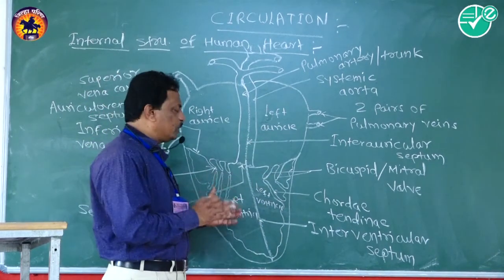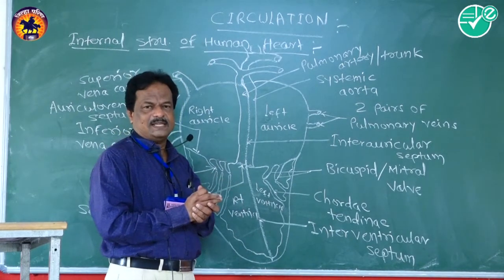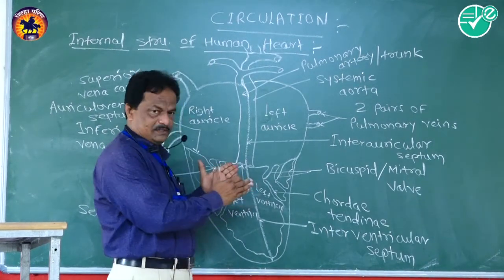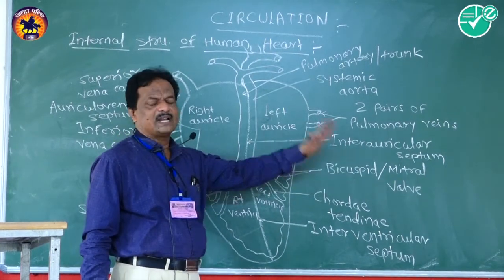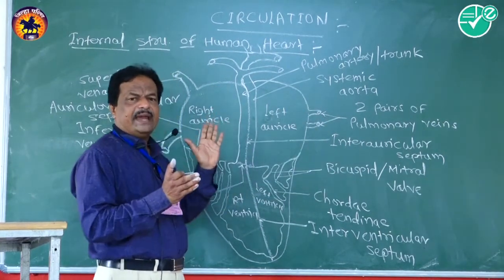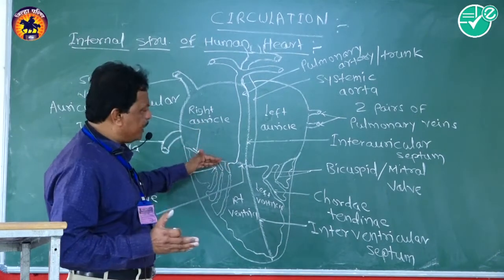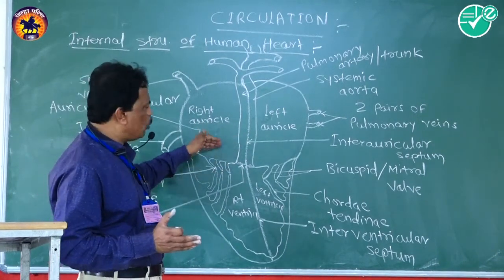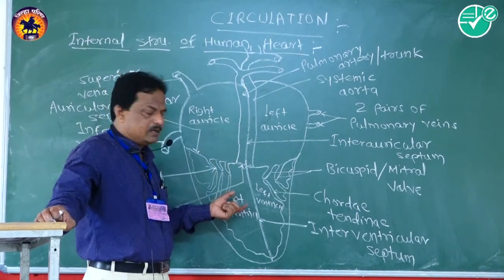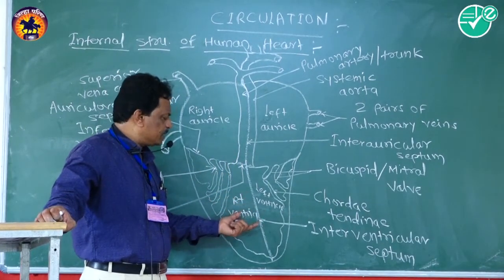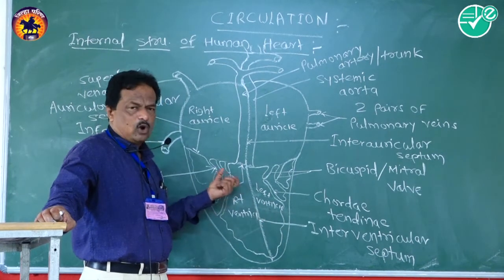When the ventricular contraction takes place, the AV walls, means tricuspid wall or bicuspid or mitral wall, enclose the auriculoventricular openings.